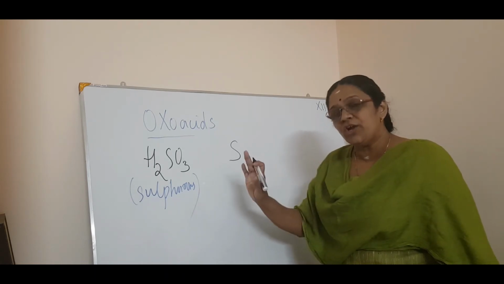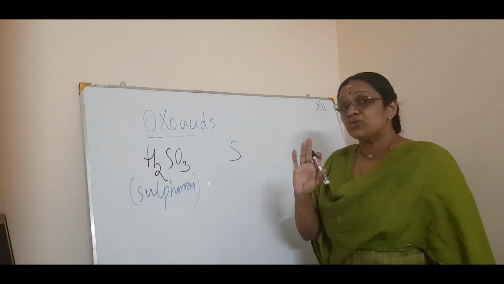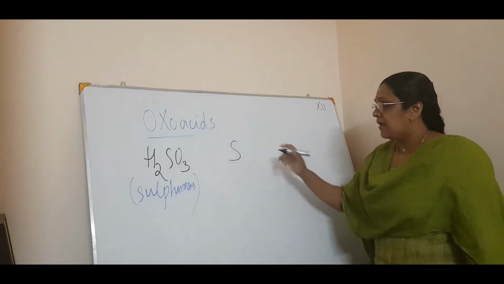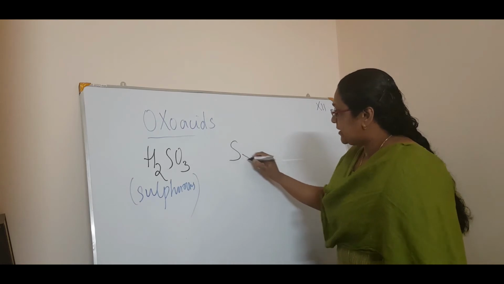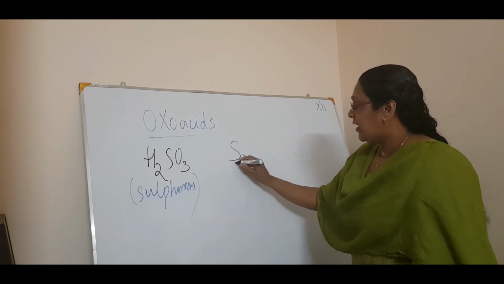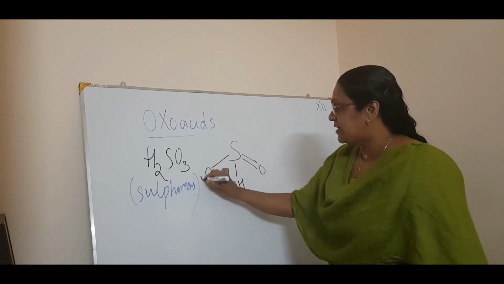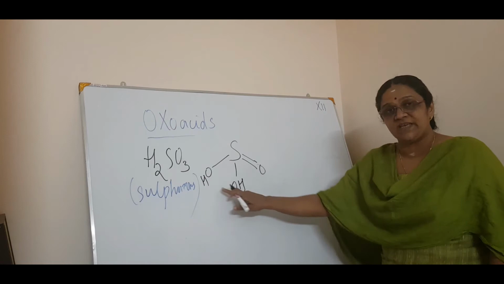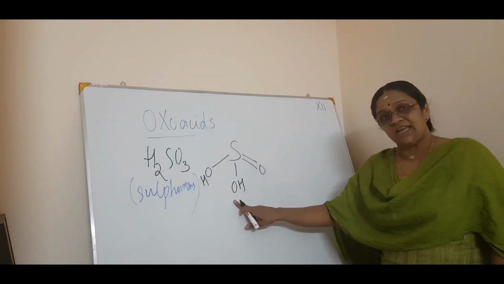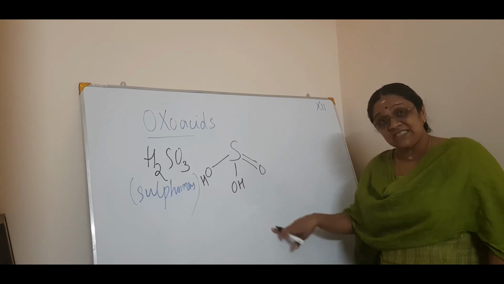So before drawing the structure, just go through how it is made. There are 3 oxygens, so one oxygen is a double bond. For the other oxygens, since there are 2 H, there are 2 OH groups in this. That is why it is acidic in nature; from the OH group, the H is given out.